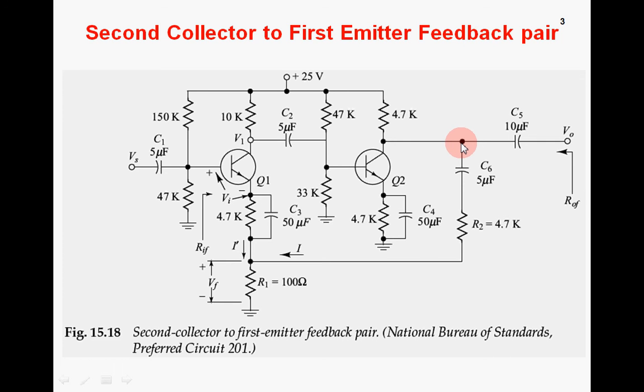We are taking the feedback from the second collector terminal and sending it back to the emitter of the first transistor. Now can you identify the type of feedback topology used here?